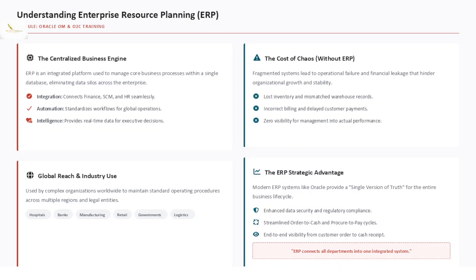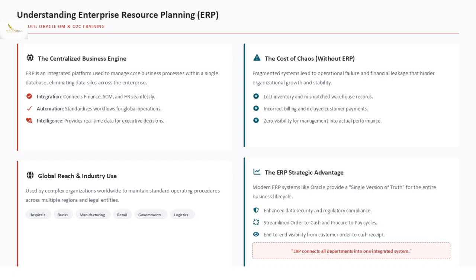So let's say, imagine a large hospital, manufacturing company, or logistics organization operating without one centralized system.